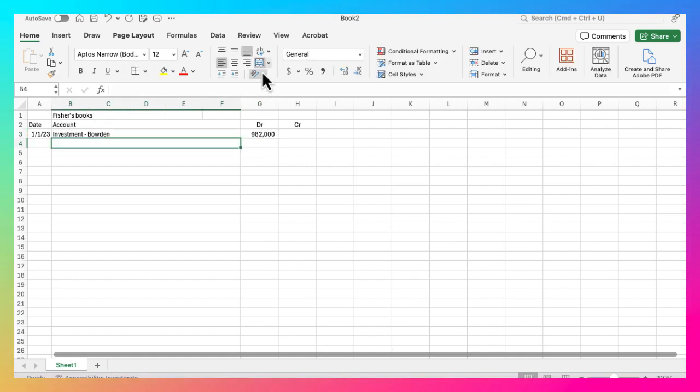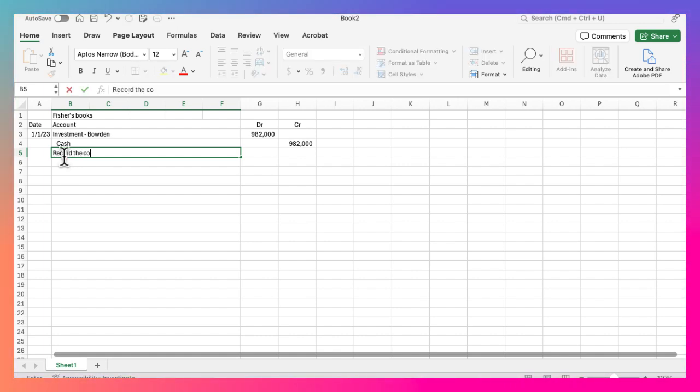And we're going to credit cash for the same amount, $982,000. Don't forget we need to put a description here. What happened? We record the cost of 80,000 shares in Bowdoin Company.